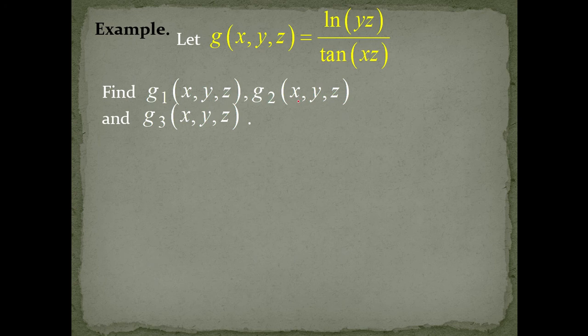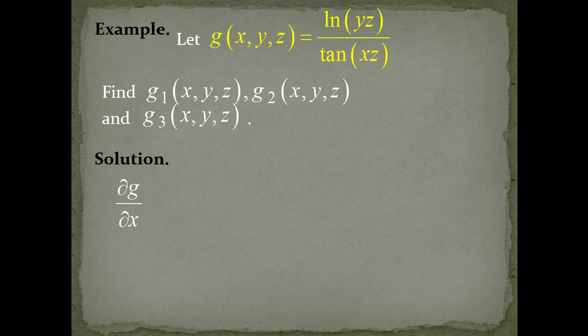Then we also have to find g2, the partial derivative of the function with respect to y, and g3, the derivative of the function with respect to z. If you use the symbol, that's also okay, they're just the same, or if you use this notation.